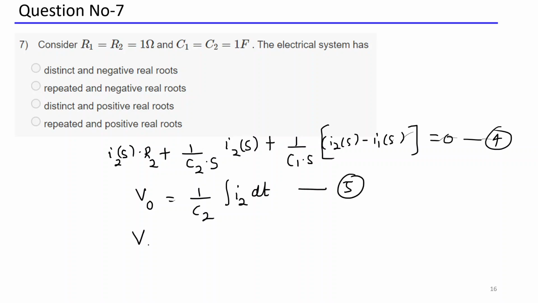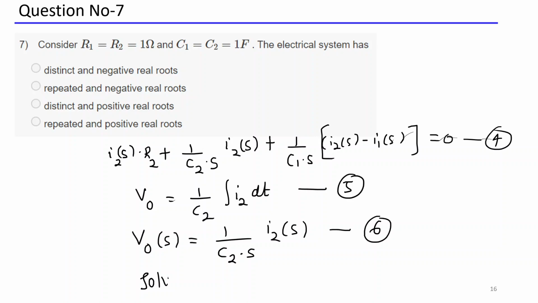If you take the Laplace transformation, Vout(S) equals 1 by C2 S into I2(S). This is equation number 6. So for all the Laplace transformed equations 2, 4 and 6, solve them by yourself, and you have to express Vout(S) in terms of Vin(S).